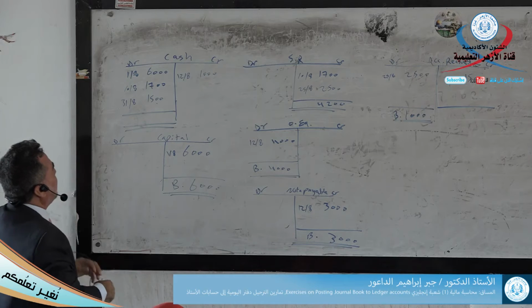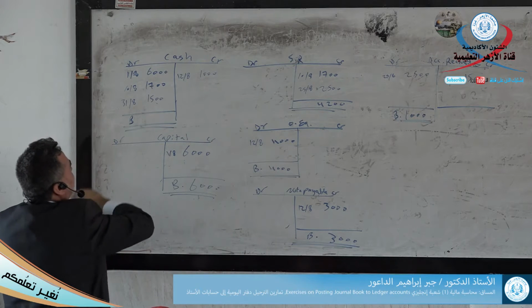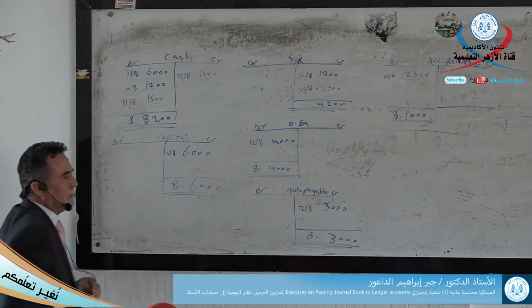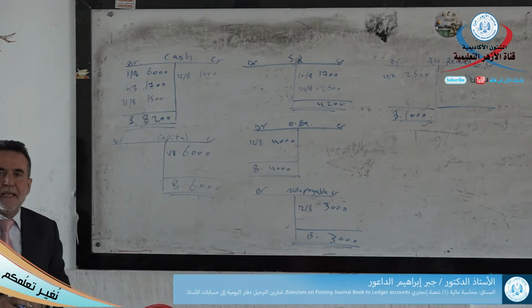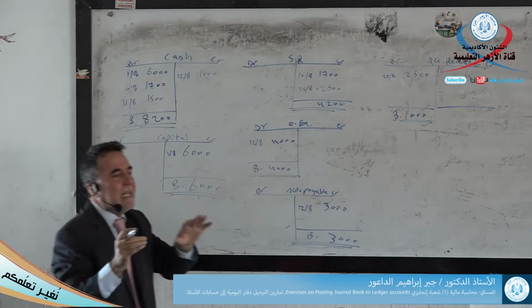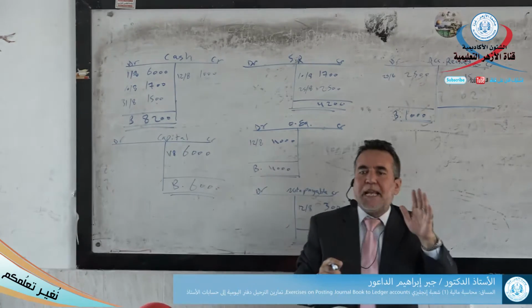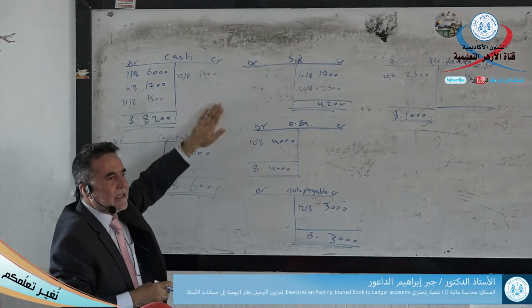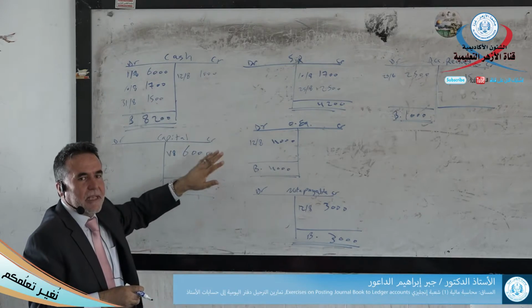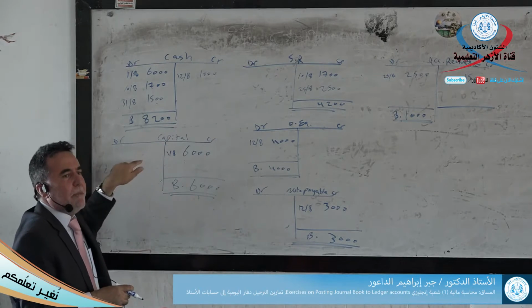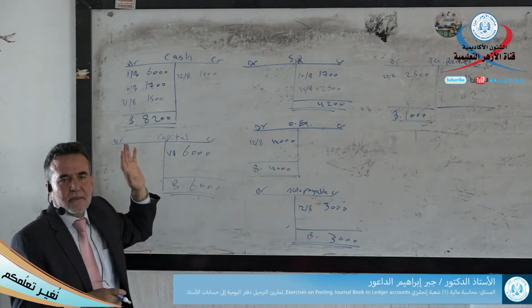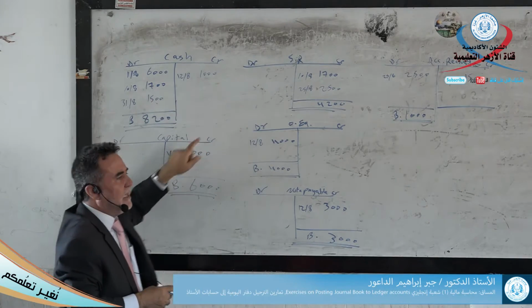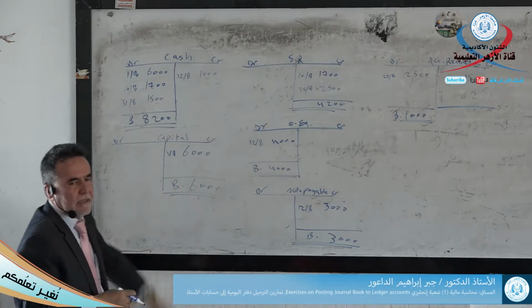So the result will be 8,200 the debit side. So to balance any account, we will calculate the debit side and the credit side. The difference between debit side and a credit side, it will be the balance.